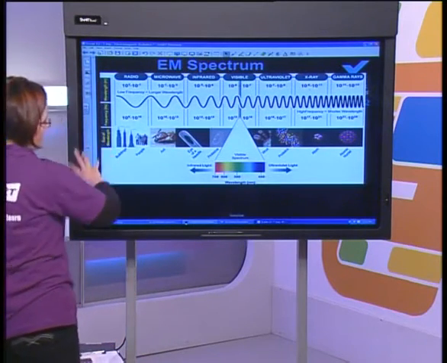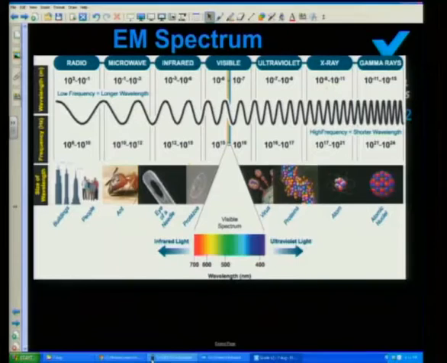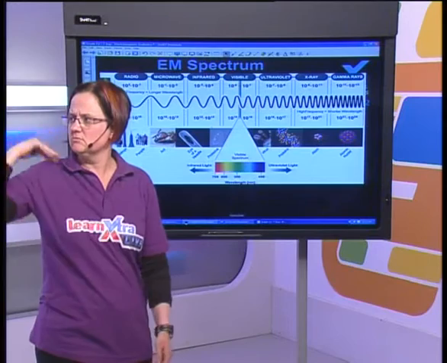The nice thing about this picture is that it relates their size to about the size of people. Unless it's a really small person, 10 to the minus 1 would be about 1 meter.